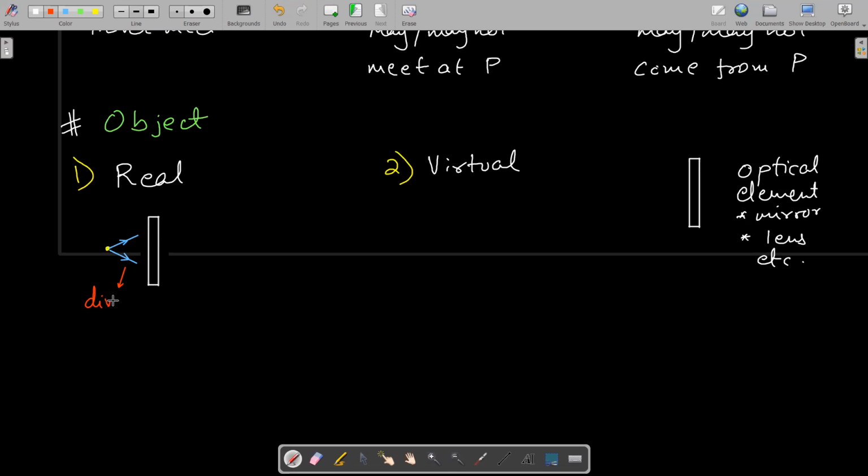Diverging rays. And this is before the interaction. Before interaction, object is a point before the interaction.